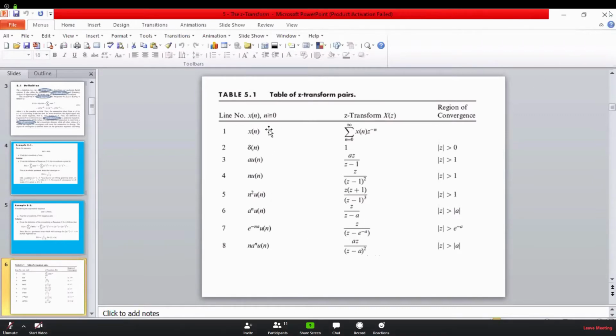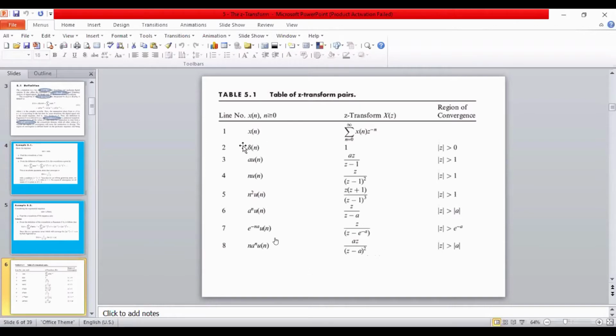So look at this. We have standard signals, like our familiar example of the delta function, delta impulse. Observe that its Z transform is just 1. You apply a unit impulse, and its transform is 1. You apply unit step, you get this.